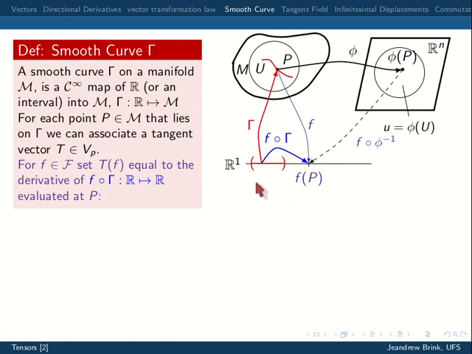Okay, so let's have a look at this a little bit more carefully. So f is any function. If you construct this f circle gamma, what you're doing is you apply gamma to the real line, so you're taking it to the manifold.